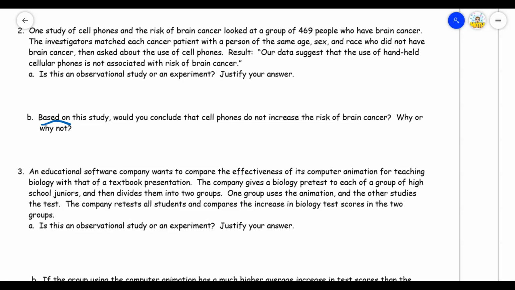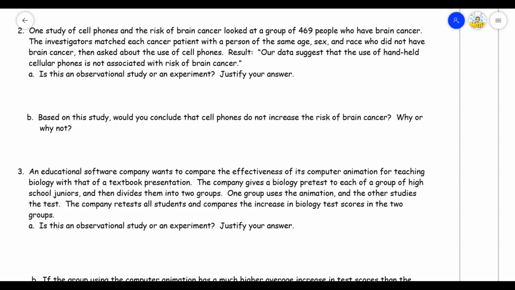So, based on this study, would you conclude that cell phones do not increase the risk of brain cancer? Well, let's go ahead and answer that in the Ed puzzle. It's going to be hard to make any conclusion from this because it's an observational study. Because this is an observational study, we can't really make a conclusion one way or the other.